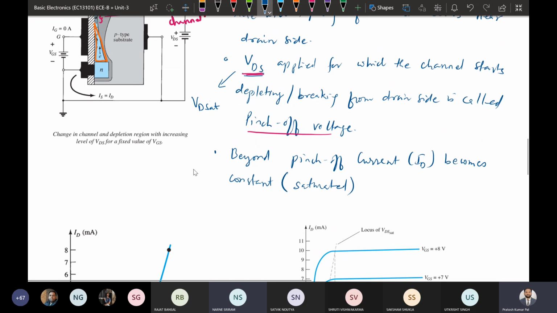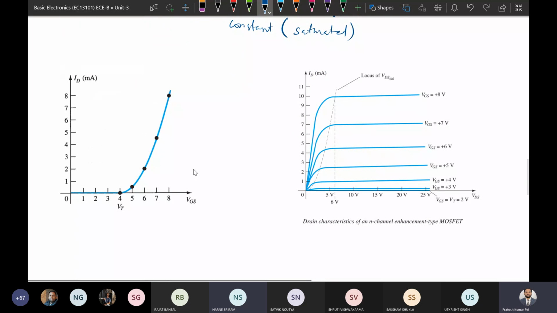So by going with the analysis we can just see the transfer characteristics and the drain characteristics. Transfer characteristics will be ID and input voltage, that is VGS.